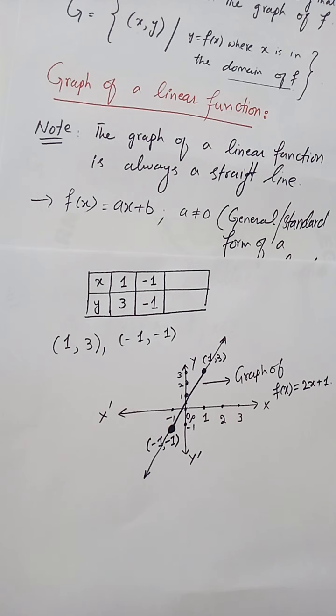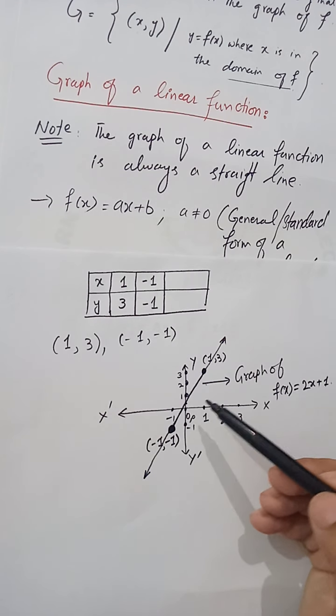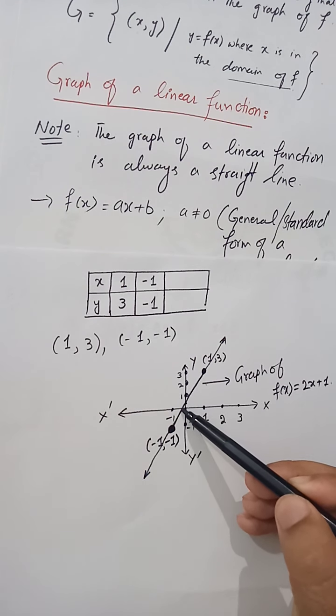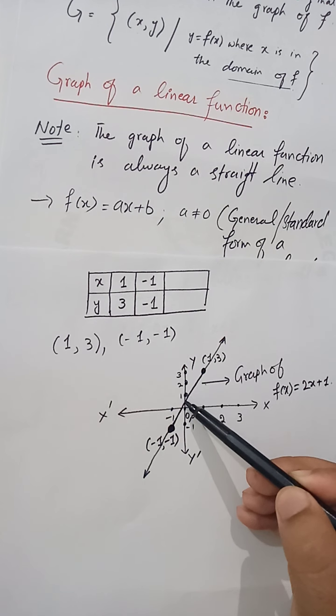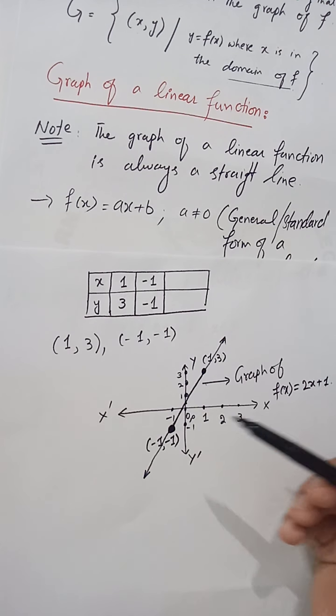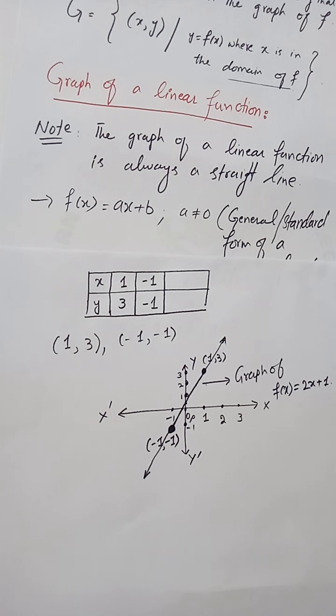So you just need to pass the straight line through those intercepts. When you find the intercepts, the graph will be much more accurate, because now if someone asks you that this function is passing through the x-axis here and the y-axis here, what is this point and what is this point? You need to calculate this at least.